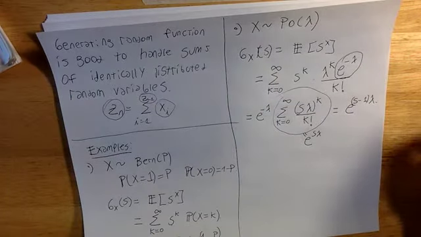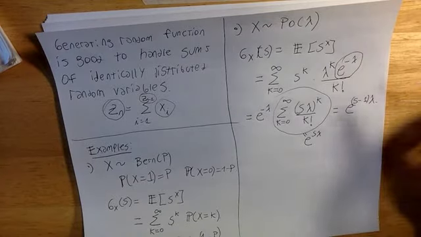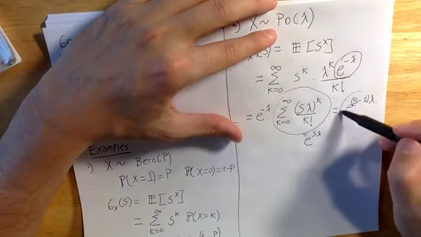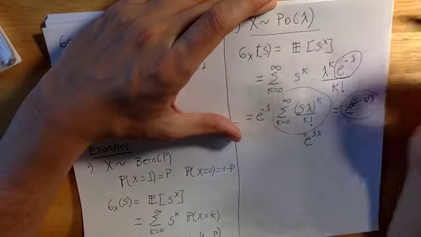This is something I'm not quite going to show here, but the generating function completely characterizes the distribution. So if we have some random variable that has this as its generating function, then it implies that it has this distribution.